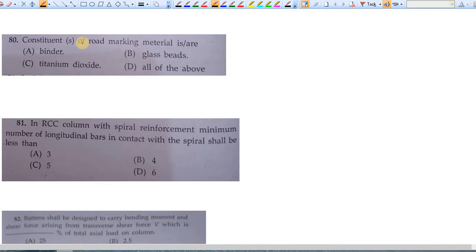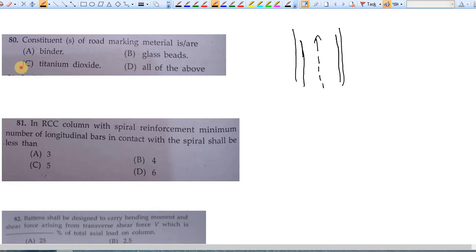Next, constituent of road marking material. Road marking means you must have seen that when you are driving or when you travel, there are road markings like this, or at the end there is a firm yellow line. So these are road markings. And the options are binder, glass bead, titanium dioxide.